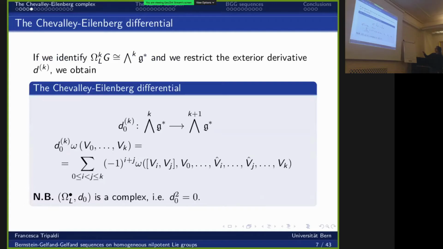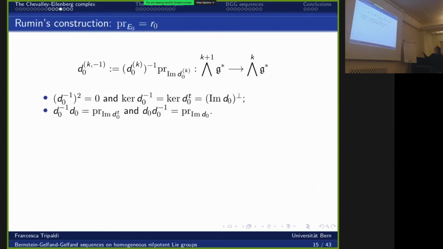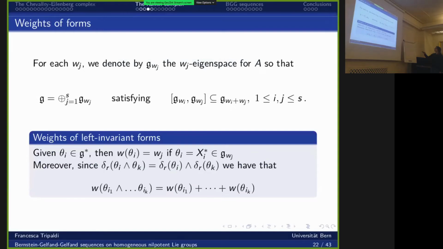Somewhere? Yeah, so there is the Lie bracket here, right? So this weight that behaves well, the weight was very much linked to the action of the Lie bracket. So D0 preserves this weight. This is crucial in Rumin's construction.